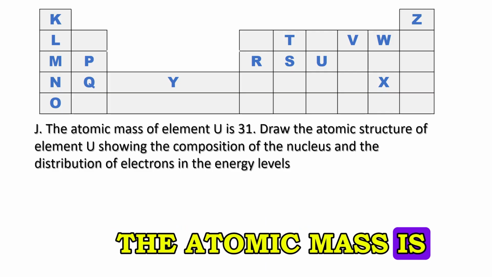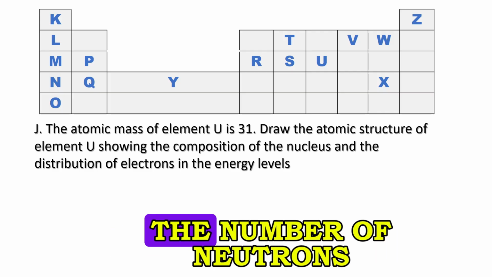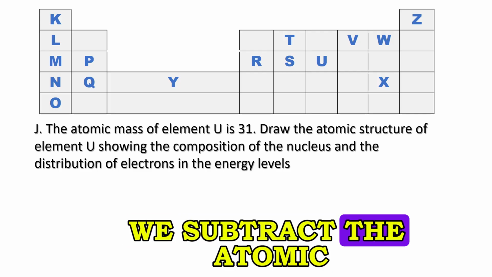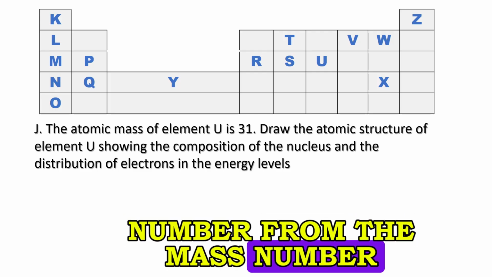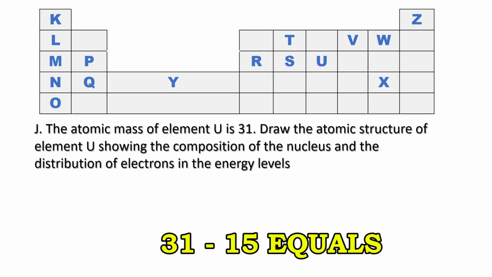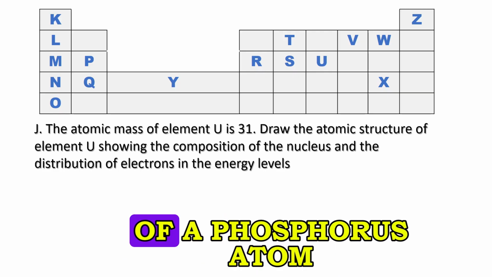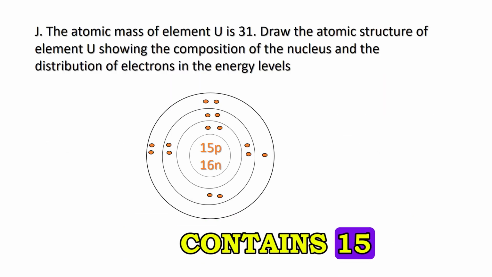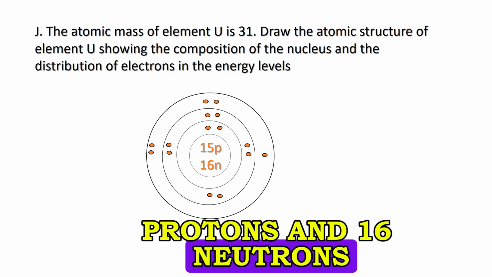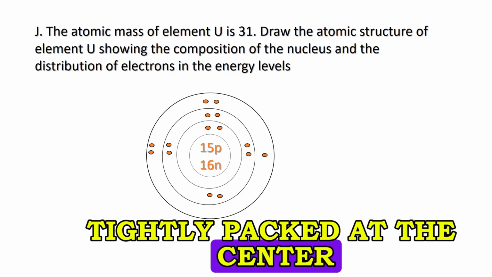The atomic mass is 31, so to find the number of neutrons, we subtract the atomic number from the mass number. 31 minus 15 equals 16 neutrons. That means the nucleus of a phosphorus atom contains 15 protons and 16 neutrons, tightly packed at the center.